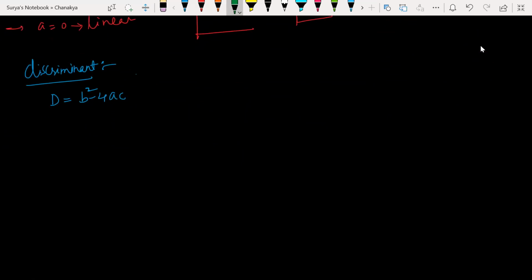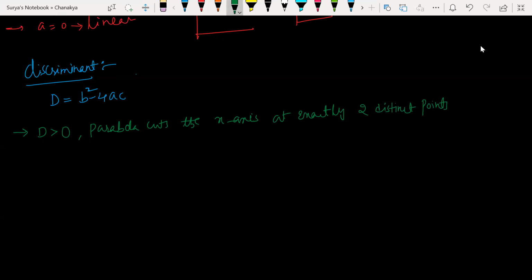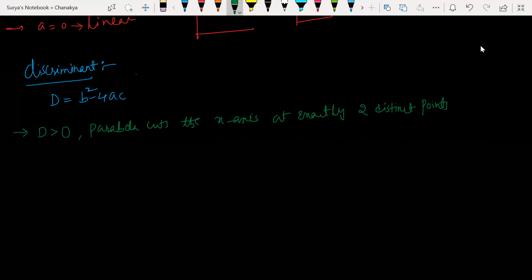So I told you several cases here. If D is greater than 0, the parabola cuts the x-axis at exactly two distinct points, right?